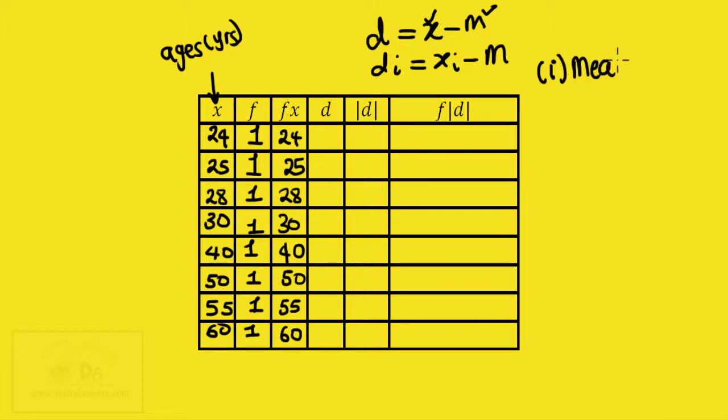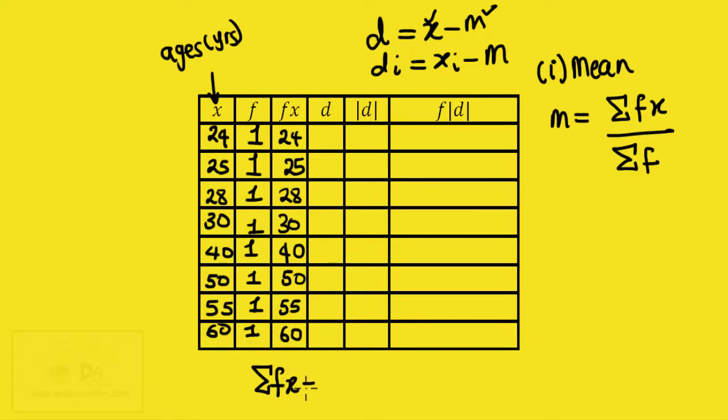You need to find the mean, that's m. And the mean is given by m equal to the sum of the products, f times x, divided by the sum of all the frequencies. The sum of fx is given by the sum of all the numbers in this column. If you do that with your calculator, 24 plus 25 plus 28 plus 30 plus 40 plus 50 plus 55 plus 60, you will get 312.